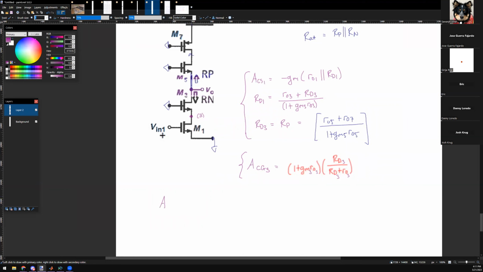So the total AV from V out from V in is going to be equal to negative GM1. It's going to be negative GM1, but then I'm going to expand this guy out. RD1 is going to be this. But RD3 is going to be this.